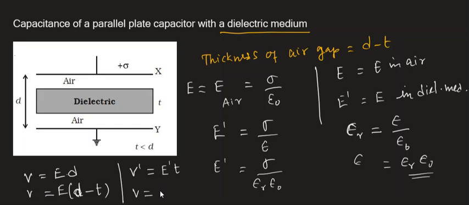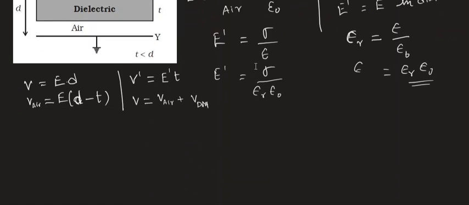V in presence of air plus V in the dielectric medium, that is nothing but this V dash. So we need to add these two. We can substitute the E dash and E suitably.